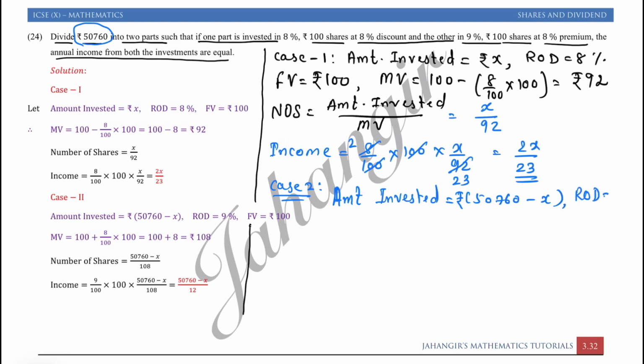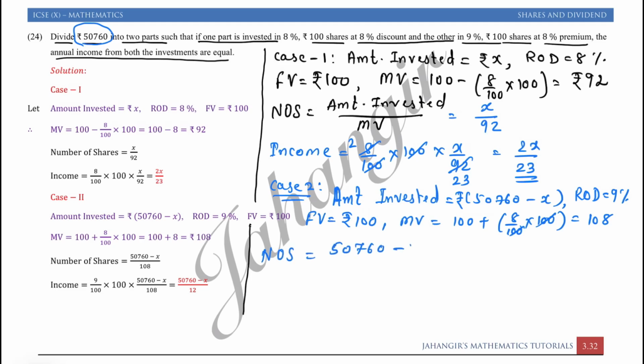Face value is equal to rupees 100 and it is available at 8% premium. So market value is equal to 100 plus 8% of 100, that is 108 rupees. Before finding income, we will find the number of shares: amount invested, 50,760 minus x, upon 108. This is my number of shares. Now I will find income.